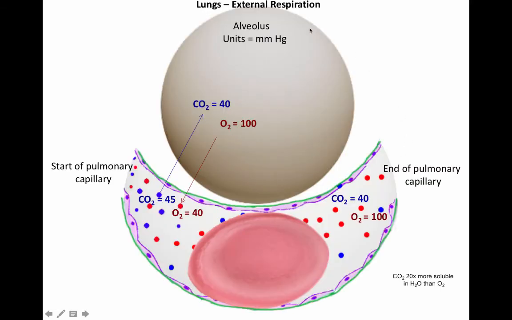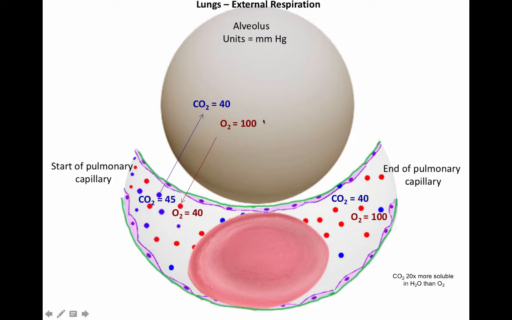In external respiration then, here we're in an alveolus in the lungs, and we would see that carbon dioxide at a higher pressure would move out of the venous blood flow in the capillaries and back out into the alveolus, where the carbon dioxide pressure is lower in air that has been inhaled.